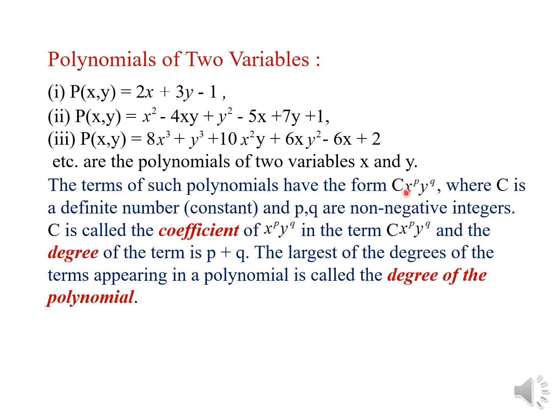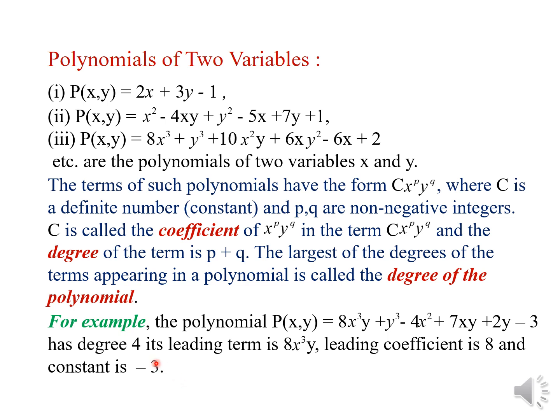Here the degree of any term is the sum of the powers of all variables. Here x and y are variables, so their powers are p and q, so the degree of this term is p plus q. The largest of the degrees of the terms appearing in a polynomial is called the degree of the polynomial. So suppose in 1, here the degree is 3, here also the degree is 3, so the maximum power is 3, so the degree of this polynomial is 3.